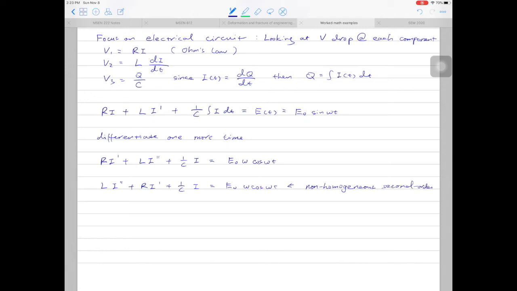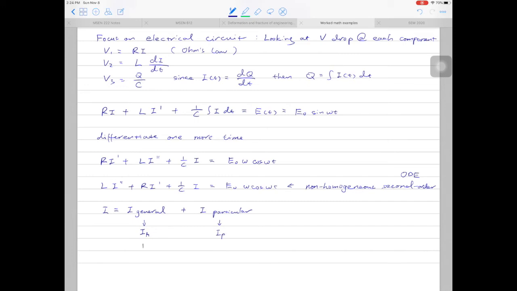And also, looking at the right-hand side of this equation, it's very similar to what we have in the spring system. From the last video, we learned we have the general solution as well as the particular solution for the non-homogeneous second-order ODEs. The general solution is also called the homogeneous solution, which can be denoted as IH.